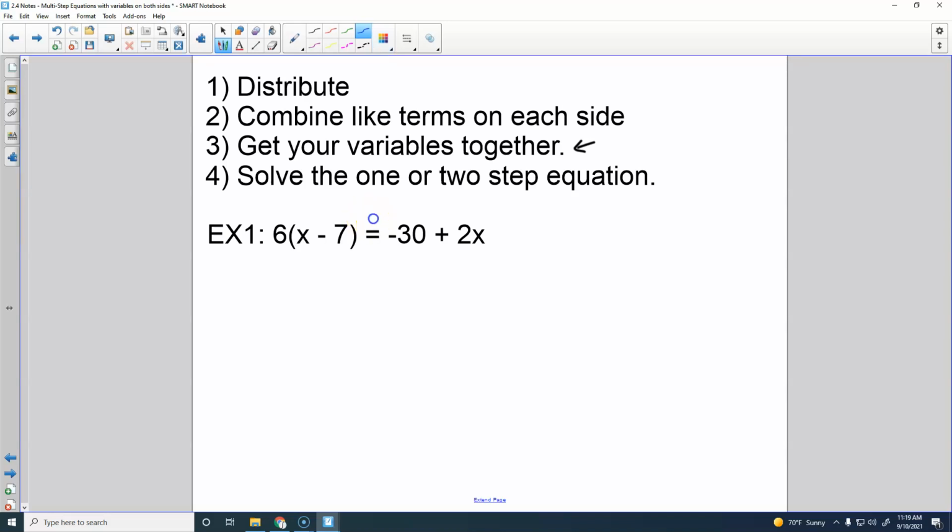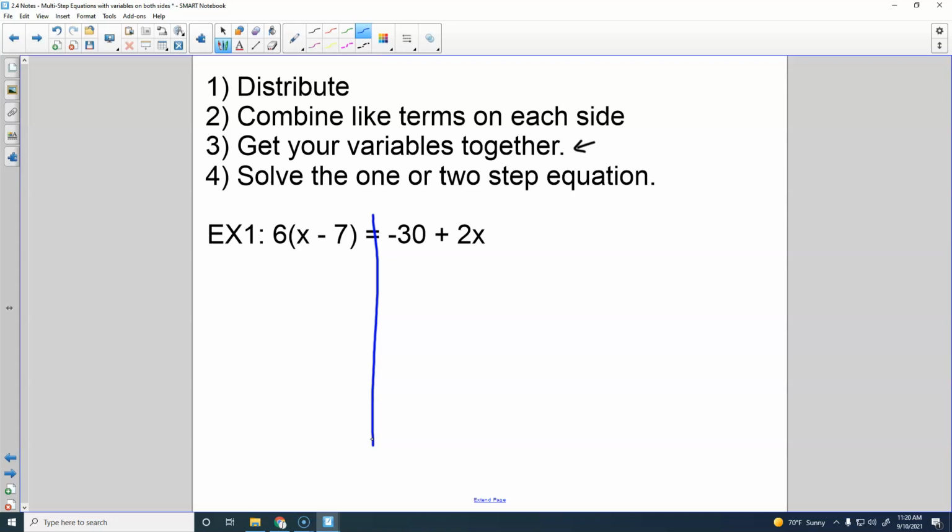So I find it really important on these to put that line down the middle of your equal sign, because what we're going to have to do here is start moving stuff from one side to the other. And if you don't have that line right there, you may mess that up.